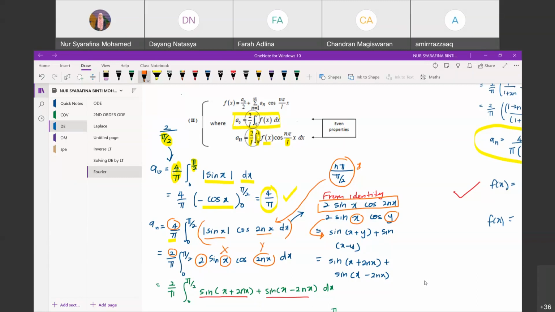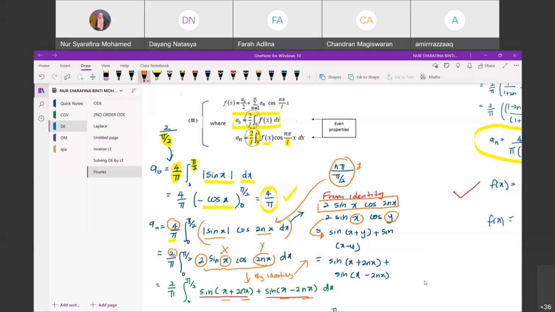So now 2 sin x cos 2nx becomes sin(x plus 2nx) plus sin(x minus 2nx). And then you just put 2 outside.